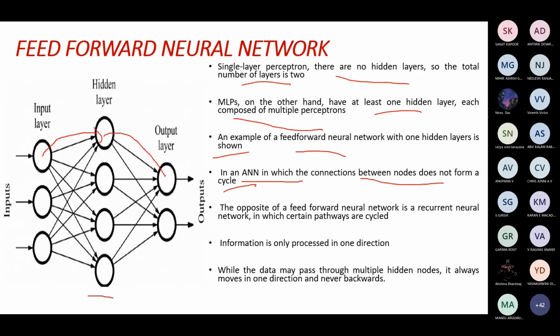You multiply the input and the weightage, you aggregate it, you take the activation function, and the output of the activation function you multiply with the weightage and give it. Then again you aggregate it and take the activation function. That is, the information is passed only in the forward direction. I will teach you with the help of a problem also.